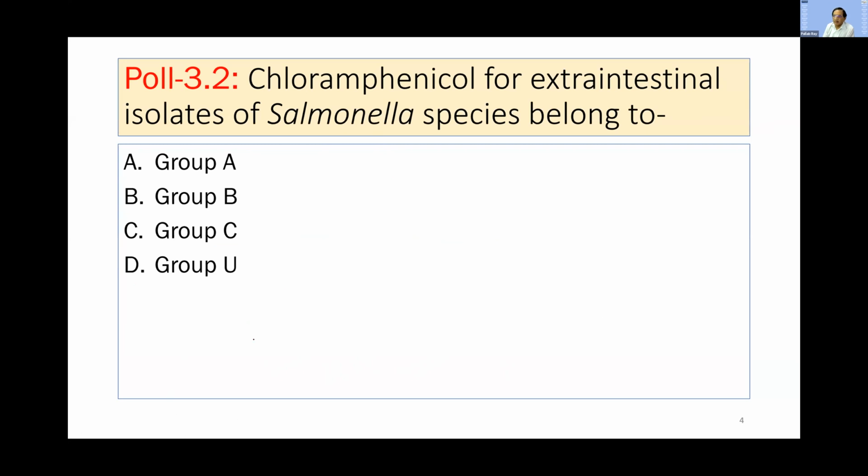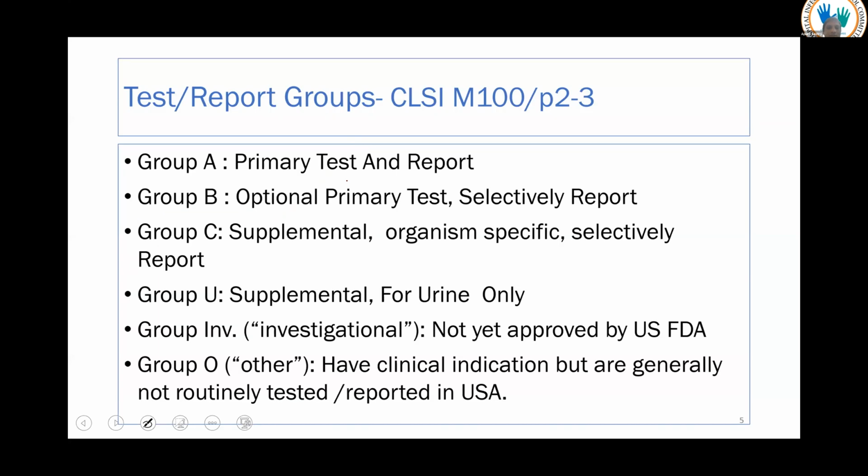So group C are all these rare drug-bug combinations. Before we go into anything, first we will focus on the various report groups. Report groups are the antibiotics you test in the laboratory, classified into various groups based upon a selective reporting strategy.